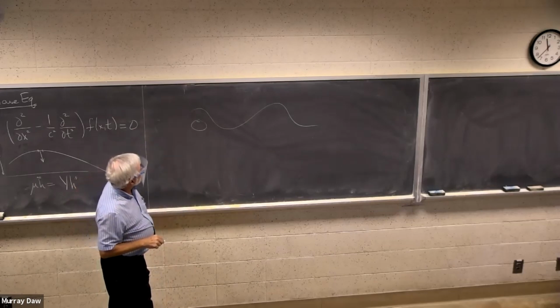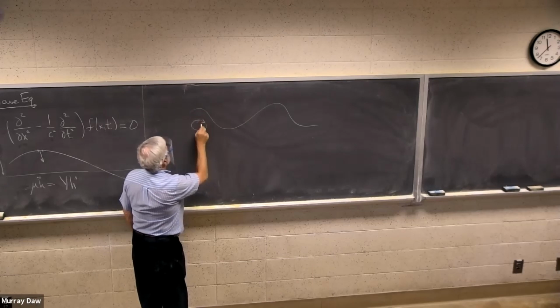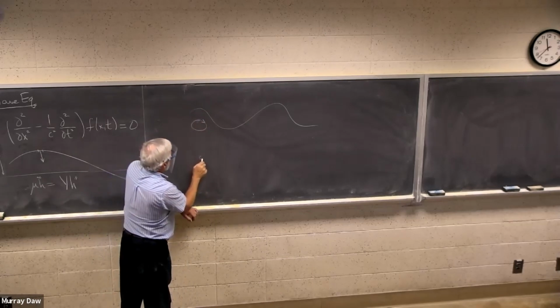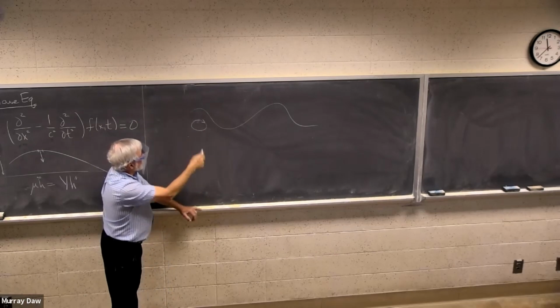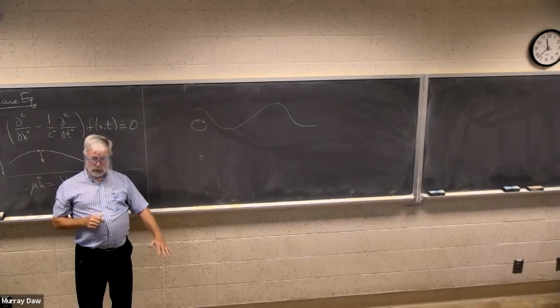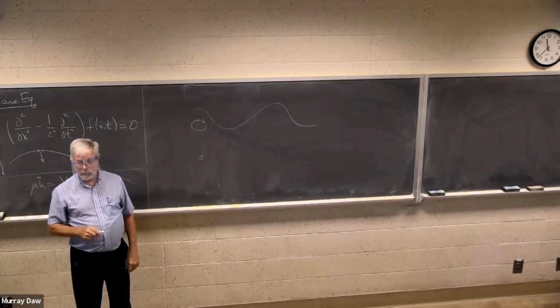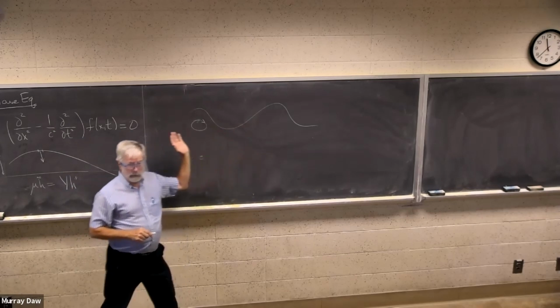Maybe going this way, okay? So if I look at a packet of water down here, it's moving in a kind of circular motion, and the deeper you go below the surface, the smaller that circle gets. But there's no net motion of the water this way, or it's very little.